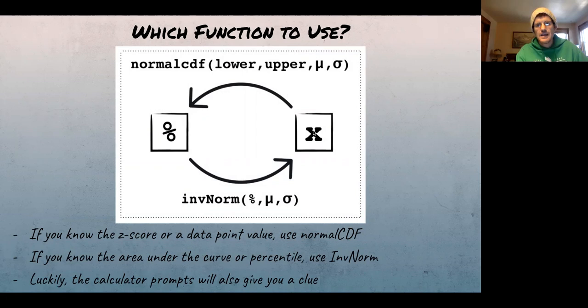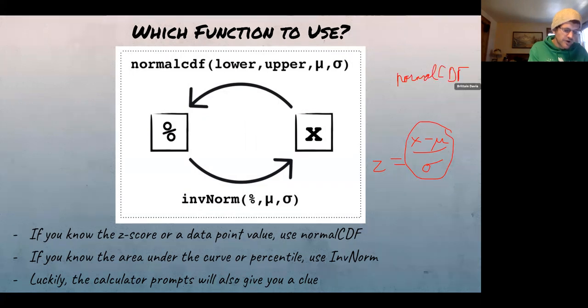If you know the X value and all the other information on the right side, use that to find the percentile. And just the best way of thinking about it, I already said it. If you know all of this, it's normal CDF. If anything up here is missing on the right side, then it's inverse norm.